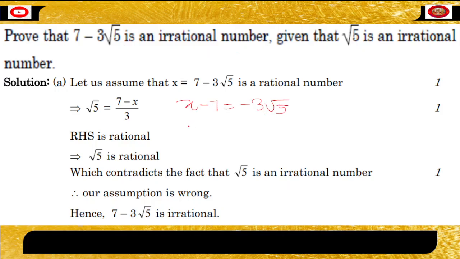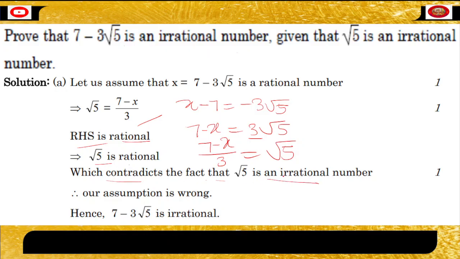Multiply by minus on both sides, we get 7 minus x is equal to 3 root 5. So root 5 is equal to 7 minus x divided by 3. The RHS is a rational number. It implies that root 5 is rational, which contradicts the fact that root 5 is an irrational number. Therefore, our assumption is wrong. Hence, 7 minus 3 root 5 is an irrational number.